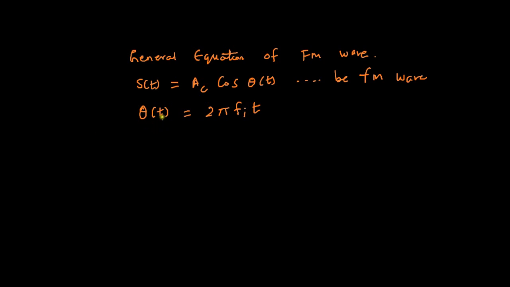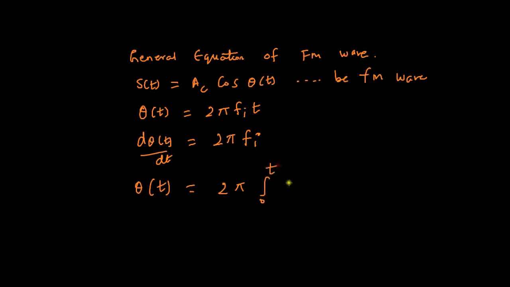So let's differentiate this theta of t. So d theta of t upon dt is equal to 2 pi Fi. And if you want to get theta, we need to integrate both sides. Then it will come to 2 pi into integral from 0 to t of Fi of t dt, which depends on time.